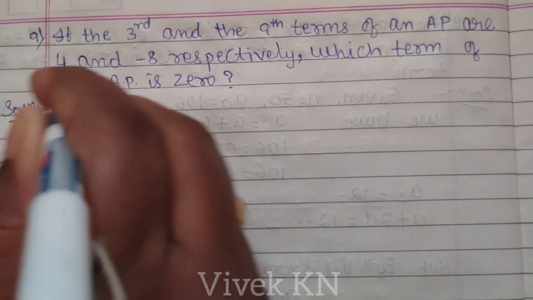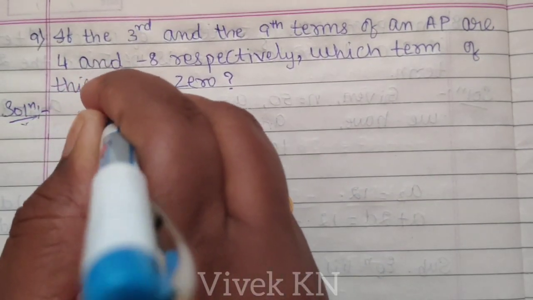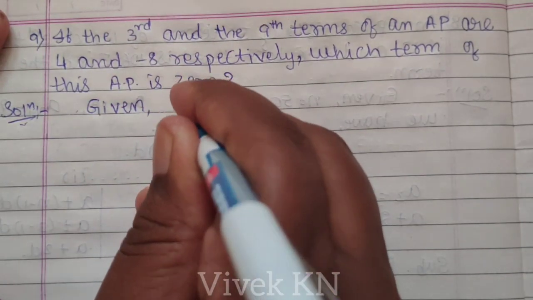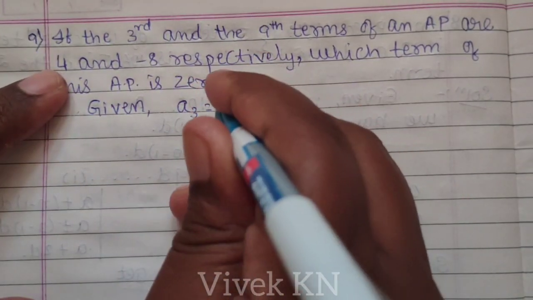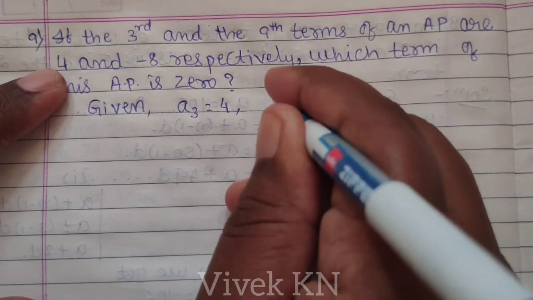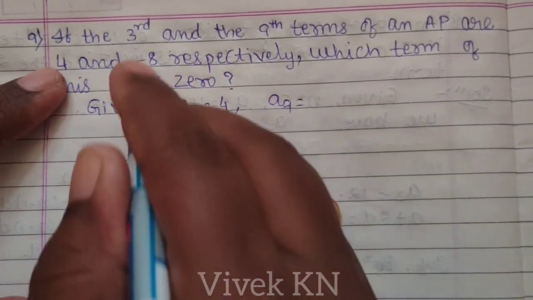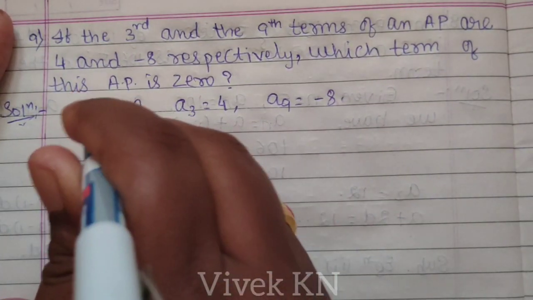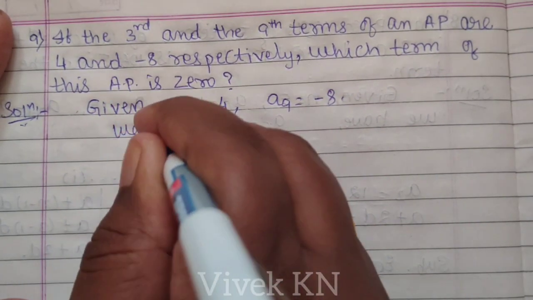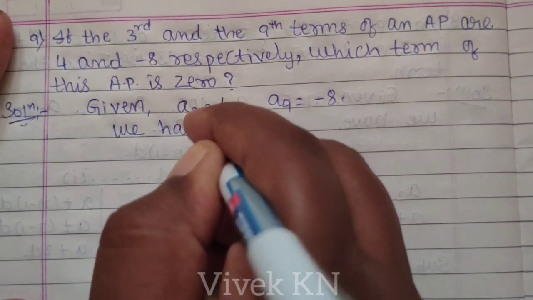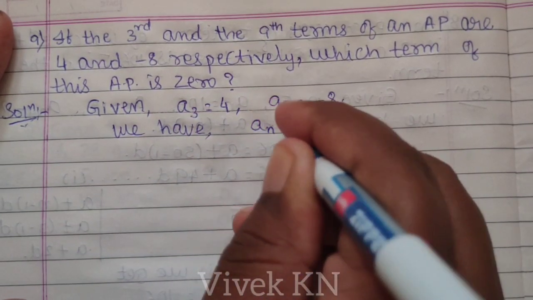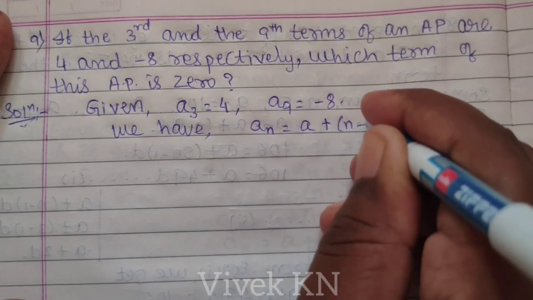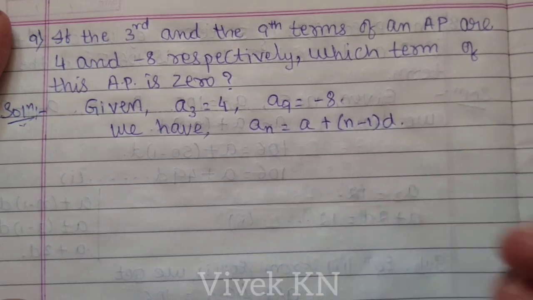Given third term a3 is equal to 4 and the ninth term is minus 8. Now we have nth term formula, that is an is equal to a plus n minus 1 into d.